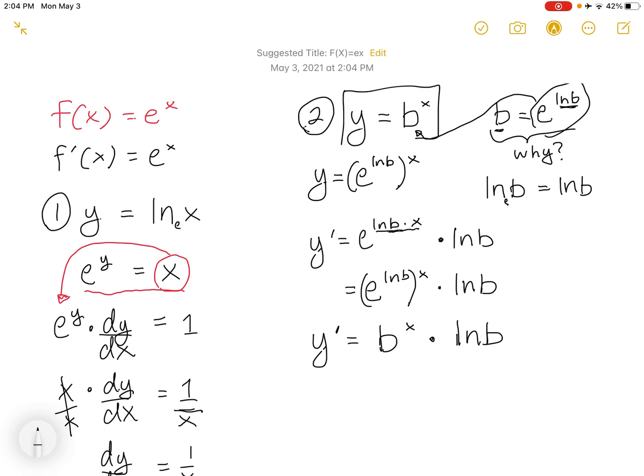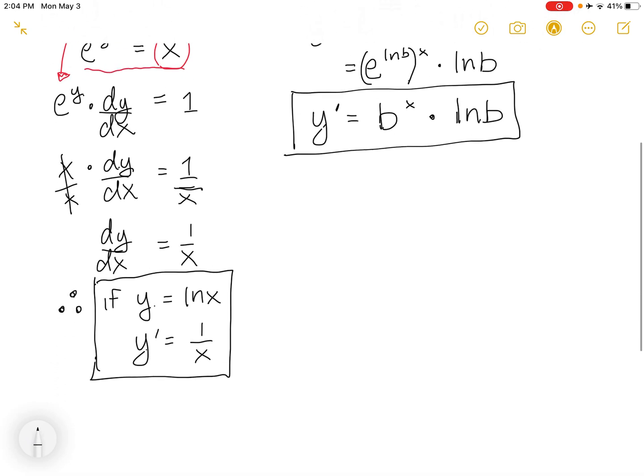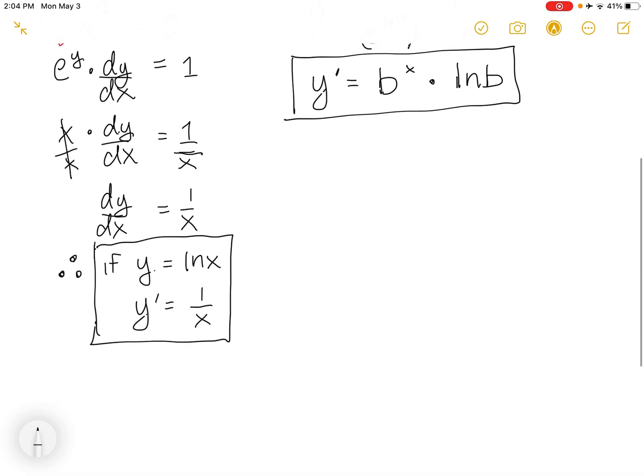If y equals b to the x, y prime equals b to the x times ln b. Okay, now this one will be given to you on your formula sheet, so that is not one that you need to memorize. Okay, and then the final one that I want to look at is a logarithmic function where the base is not e. We're just looking at a log with any base.